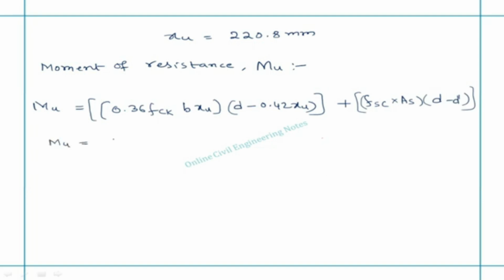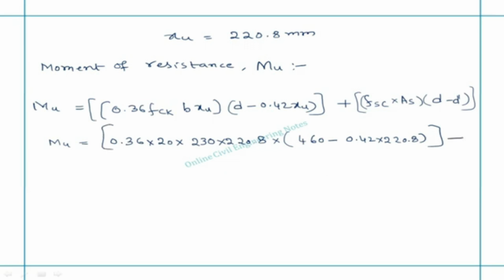MU is equal to 0.36 into 20 into breadth of beam 230, XU into effective depth 460 minus 0.42 times XU, 220.8, plus FSC 354.476 into 804.247 into D minus D dash. D is 460, D dash is 40.